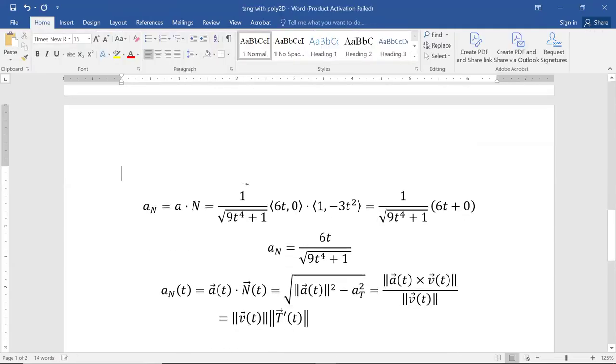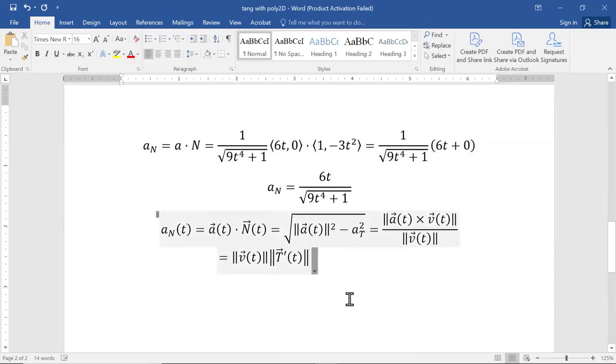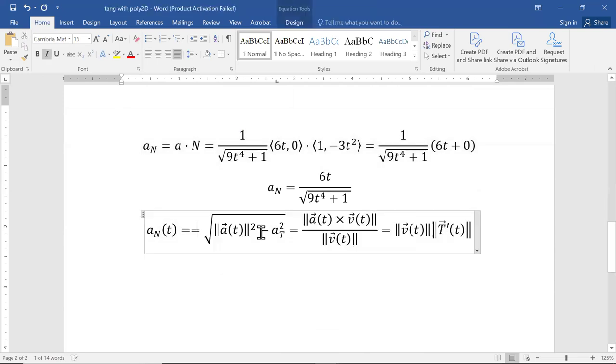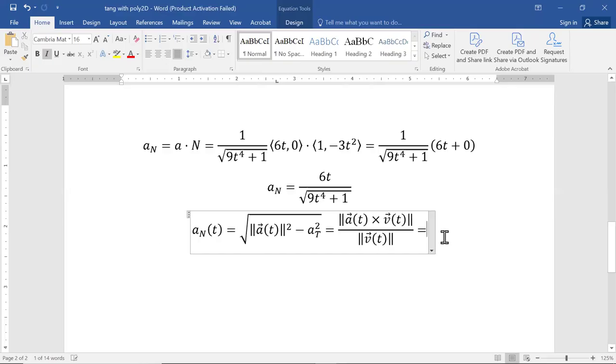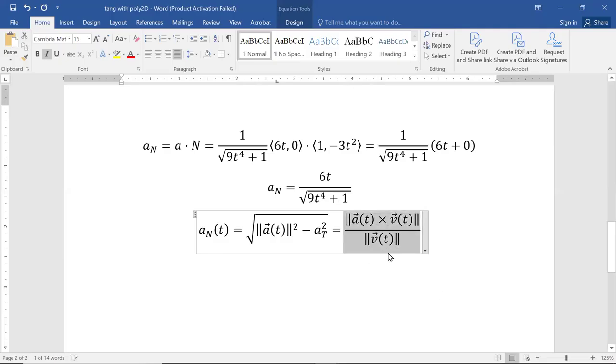We can do a similar thing with a sub n. We've already done dot products. So we can use one of these other formulas. Maybe I don't want to find the derivative of the unit tangent vector, so maybe I don't want to use that formula. So I could use this formula, although we are in R2, so I'd have to expand this to R3 in order to make the cross product work.